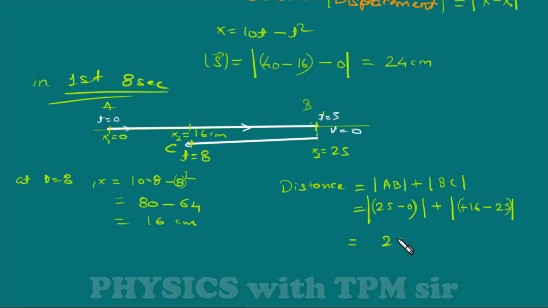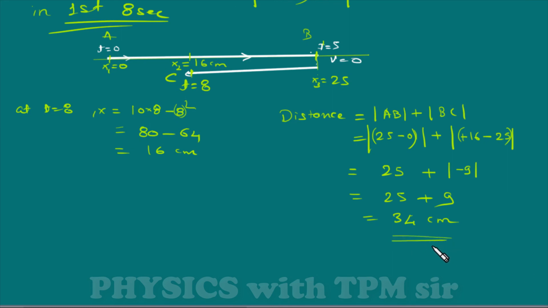So this is going to be 25 plus, I will get 25 minus 16, which is modulus of minus 9, and modulus of 9 will be equal to 25 plus 9. The answer will be 36, I think. Now let me think, 34 centimeter. So the distance traveled in the first 8 seconds is 34.